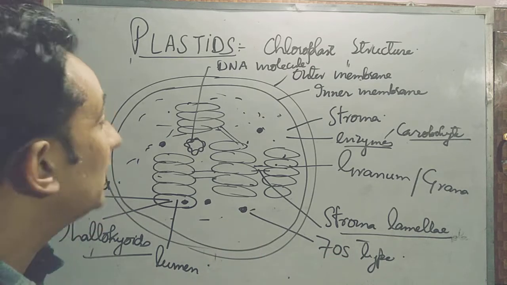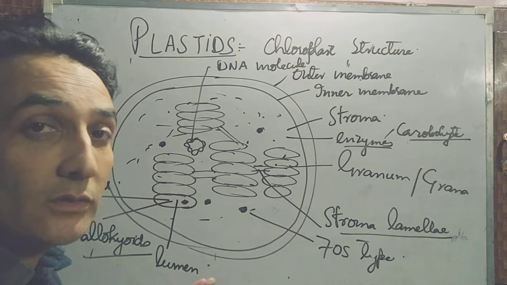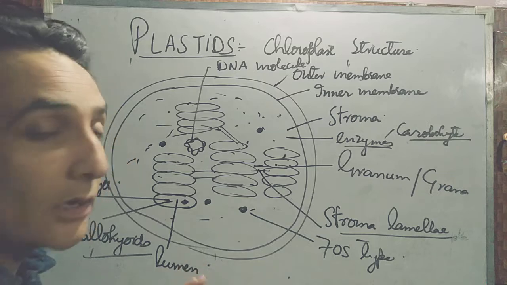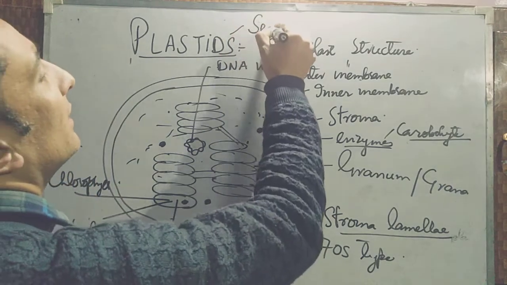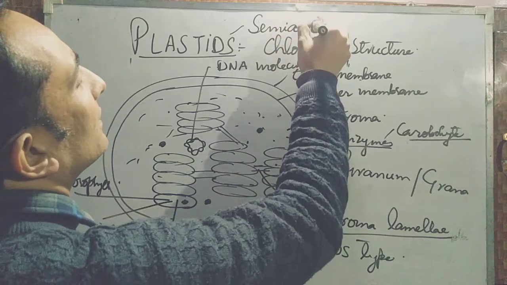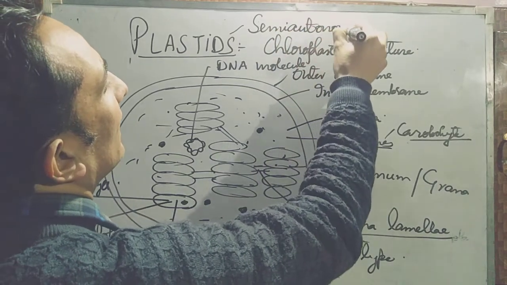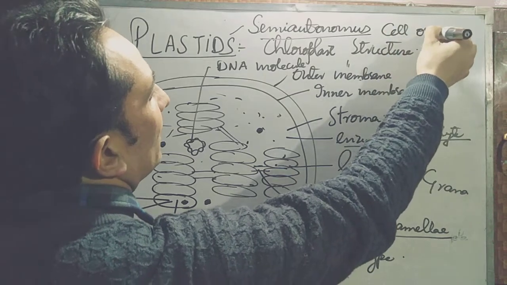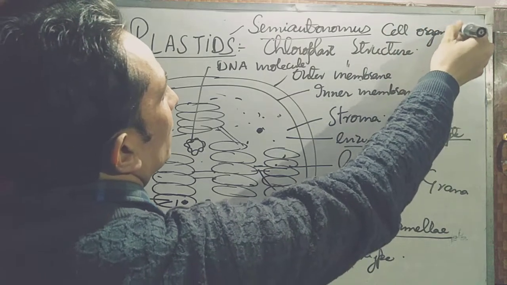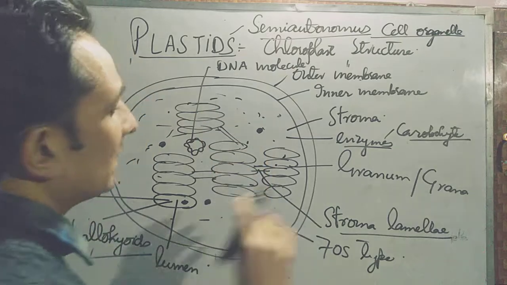But it cannot synthesize all the proteins required inside the chloroplast. So, like the mitochondria, it is a semi-autonomous cell organelle.